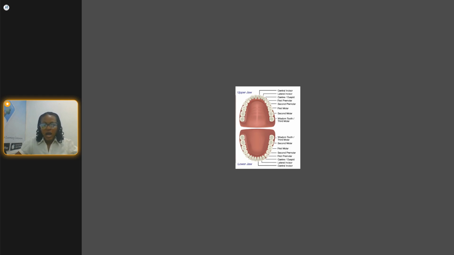Don't forget, I explained that the dental formula represents the number and type of teeth in half of the upper and lower jaw, which means we are focusing on half of the parts. All right, that is how we arrive at the dental formula. So we have two incisors, as you can see from the diagram.